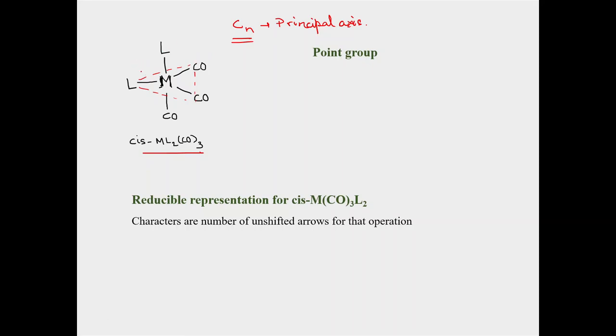Only there is one sigma plane, which is this. Okay, I will take another color. If we take this plane, it will cut this L and CO, and it will bisect these two carbonyls.